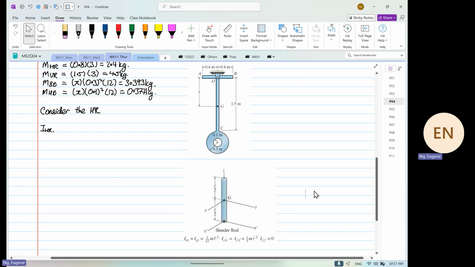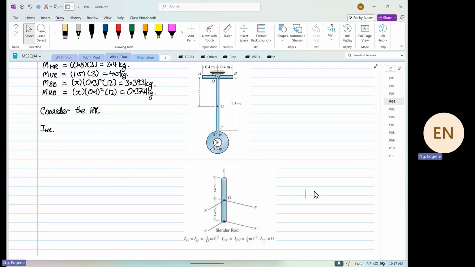We can use 1/12 ml squared plus md squared.